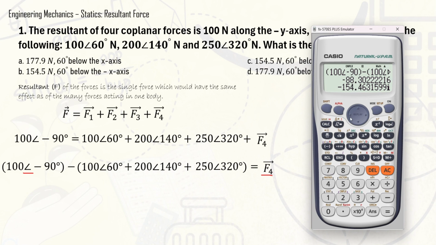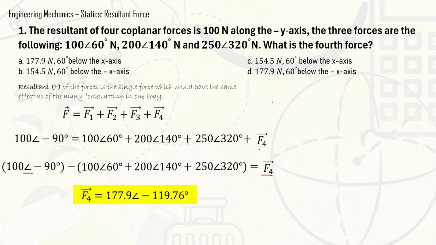Let's convert our answer into polar form. Just click Shift 2 and choose 3 equals. Now we have our answer as 177.92 angle negative 119.76. Yan na yung sagot natin.